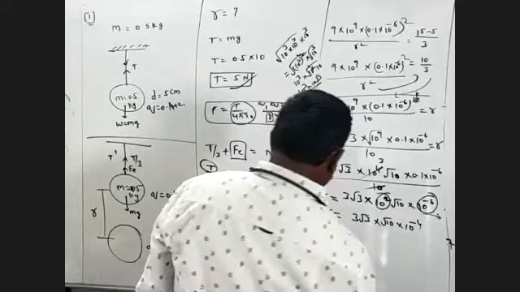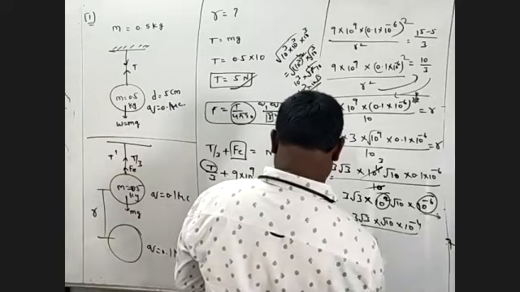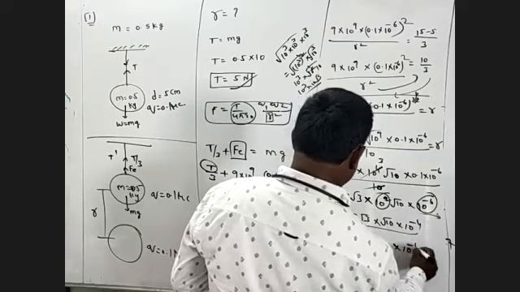This one is your answer. According to this calculation, your answer is approximately 9.24 into 10 power of minus 4.